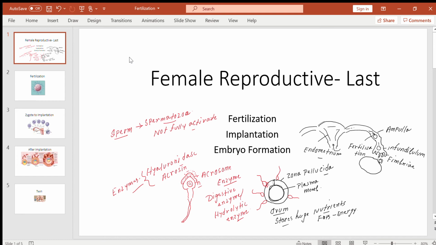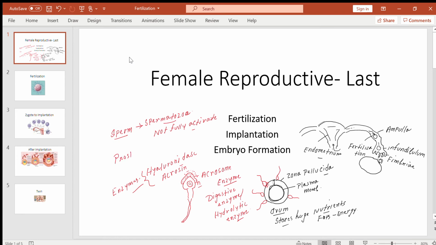To make it mature, you need a few things. First, the prostatic secretion. Prostatic secretion partially activates. I mentioned it in the last class.